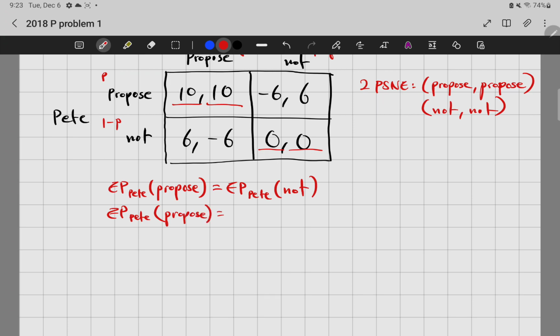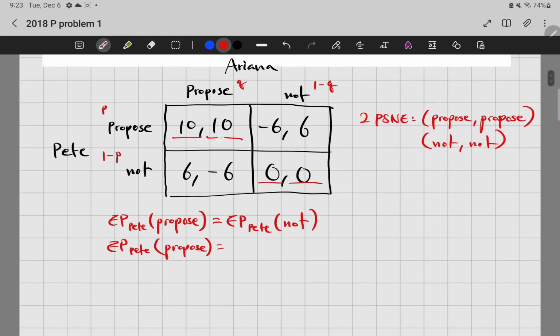This is equal to the probability Q going to 10 and negative 6. So it's 10 times Q and negative 6 times 1 minus Q, and you add them together to find the expected payoff.